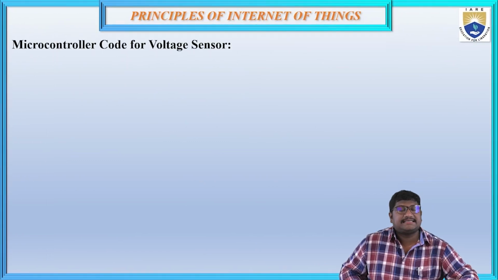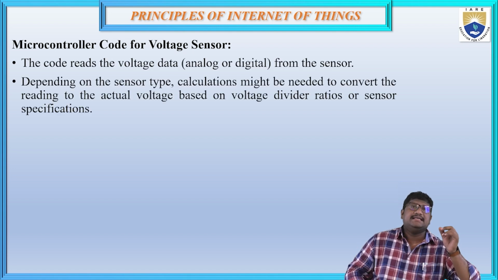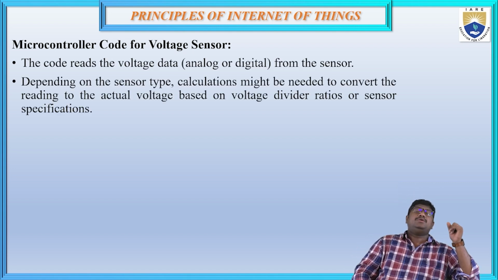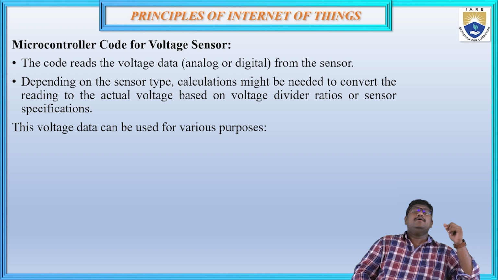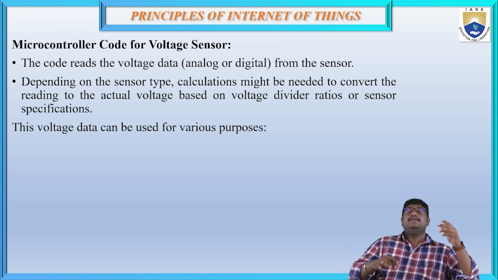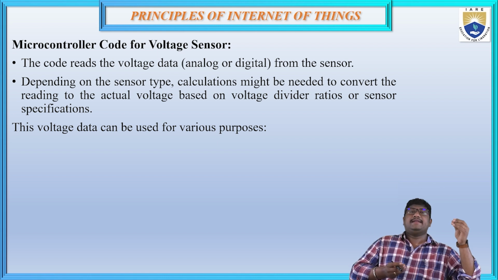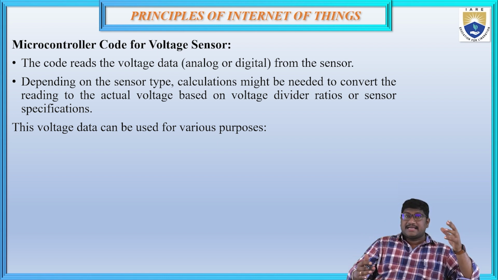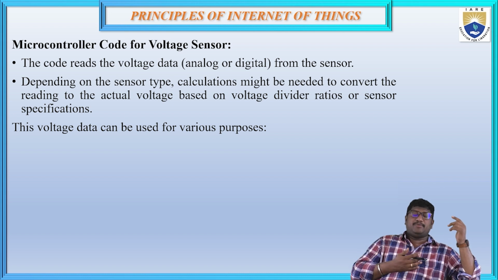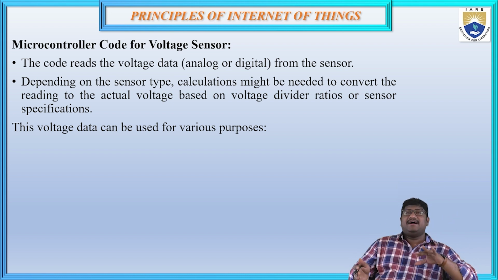And the next factor is how to code the microcontroller for the voltage sensor. We need to design a code which reads the voltage data, whether the voltage is analog or digital, as given by the sensor data. And depending on that sensor type, the calculations are going to convert the reading input into the actual voltage, using the voltage divider ratios or the sensor specification.